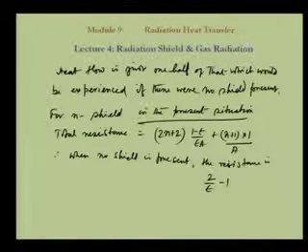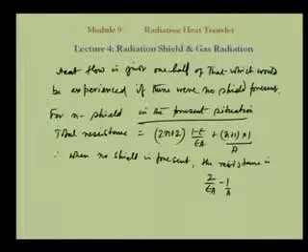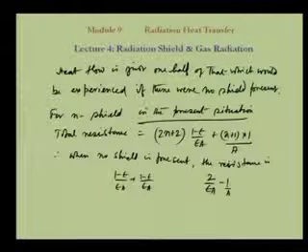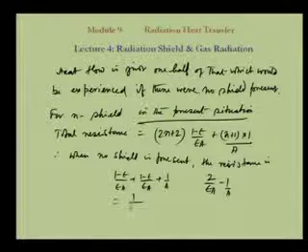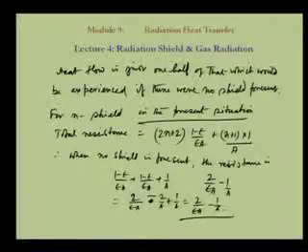That is (1 minus epsilon) by epsilon A, plus (1 minus epsilon) by epsilon A, plus 1 by A. That equals 2 by epsilon A, plus 2 by A, minus 2 by A, plus 1 by A. So it becomes 2 by epsilon A minus 1 by A. This is the resistance.